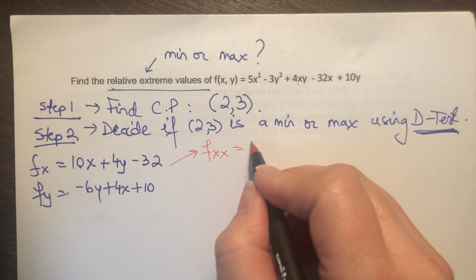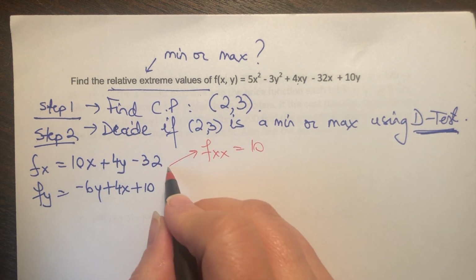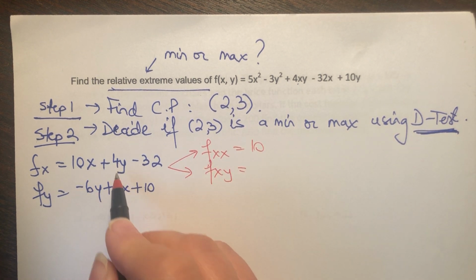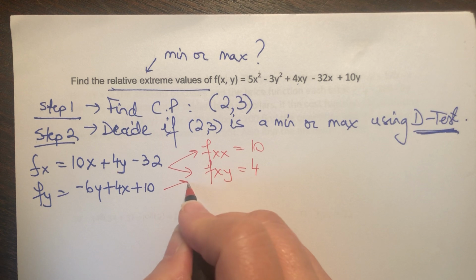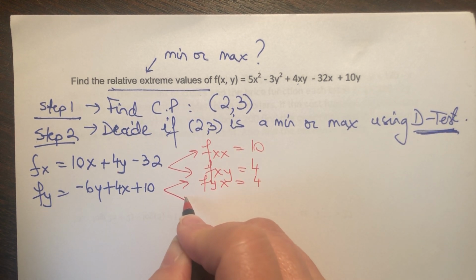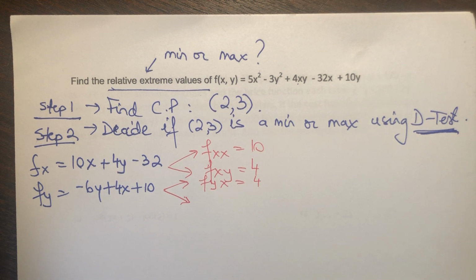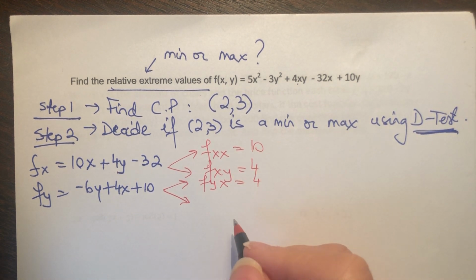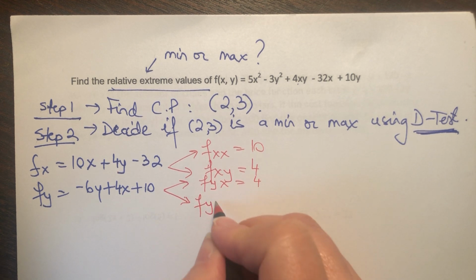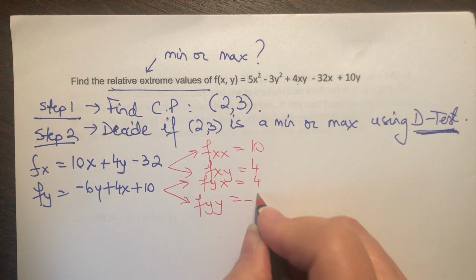fxx is just a 10, yes. fxy is just a 4. Of course, fyx would also be a 4, but we don't really need it in the d-test because they're the same, so we can use one of them twice. And then fyy is negative 6.